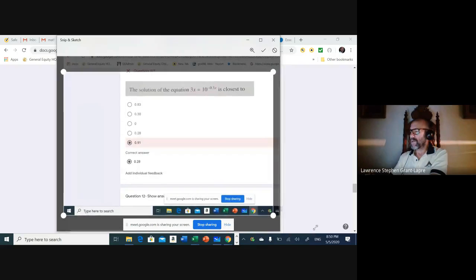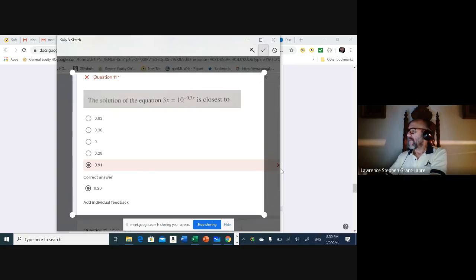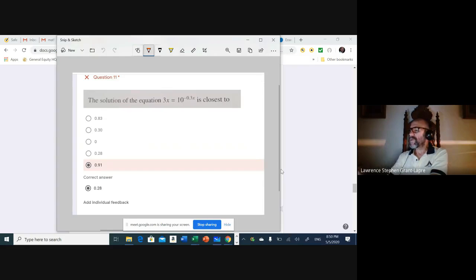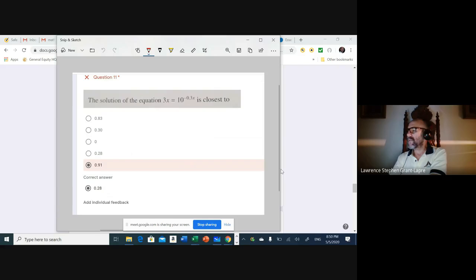Okay, so question 11. With question 11, you have your calculator. The easiest way is to go into your calculator and type solve 3^x equals 10.